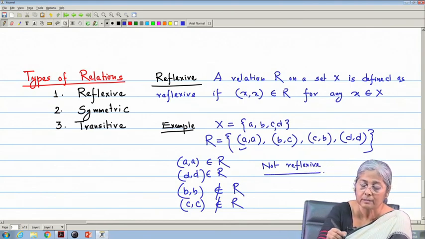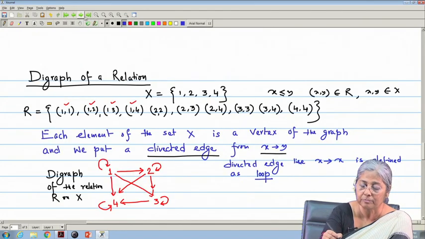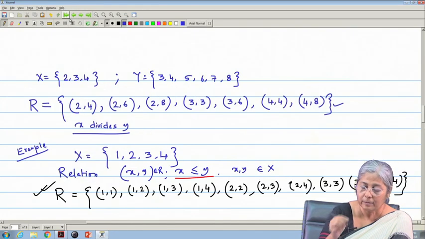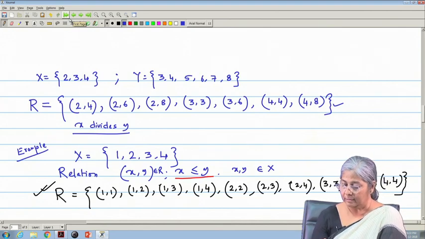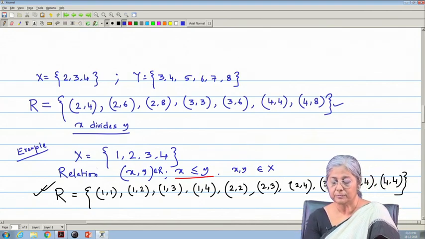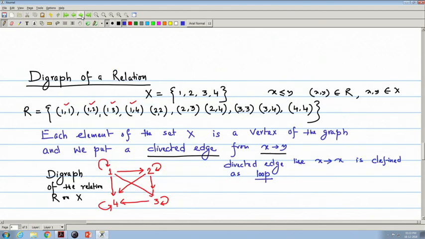We take another example, the previous example that we have seen: less than or equal to.